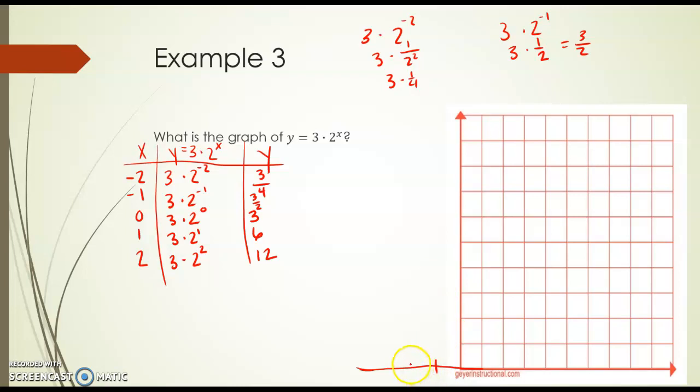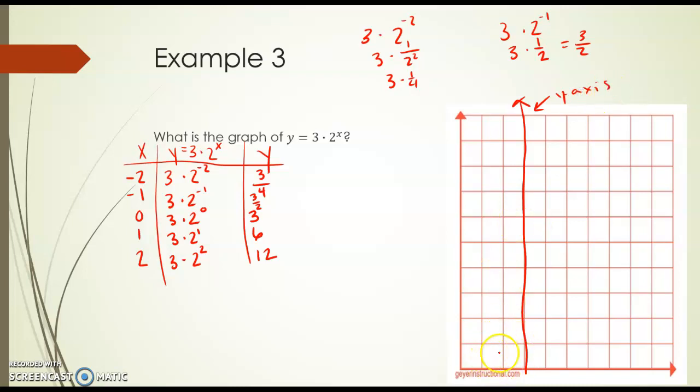So we'll say that's -1 and this is -2. That was my bad. Actually, I changed my mind. We're going to make this our y-axis, just so that we have the grid.